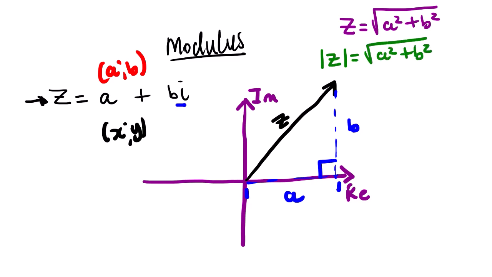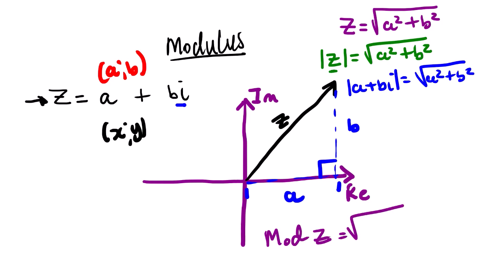Sometimes you will see something like this. It's the same as the modulus of a plus bi is equal to square root of a squared plus b squared. Or we can use mod of z is equal to square root of a squared plus b squared.